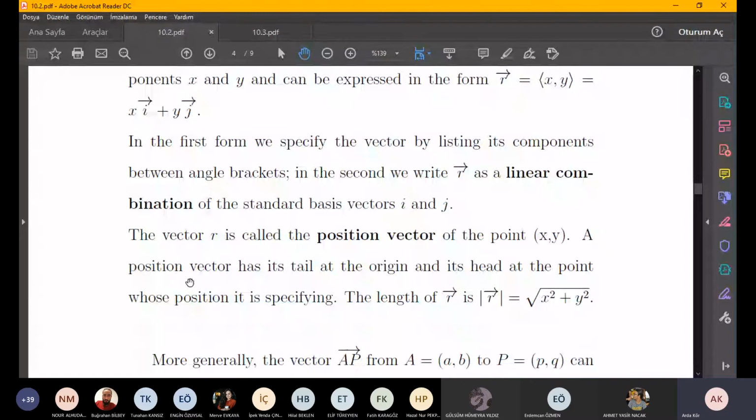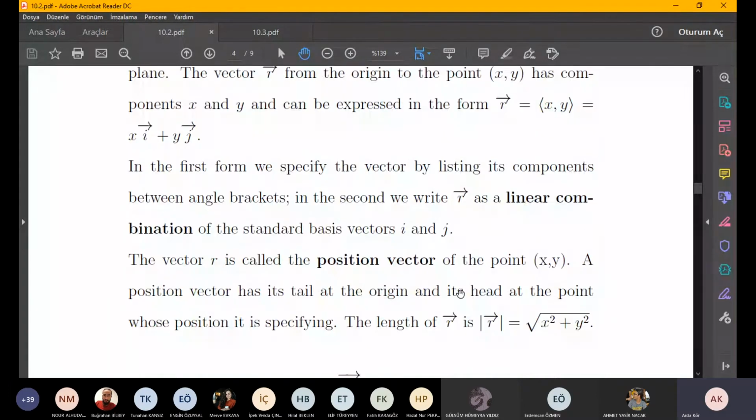And the vector r here is called the position vector because it starts from the origin and goes to (x, y).